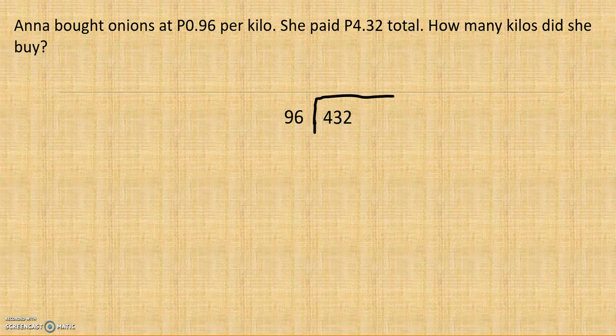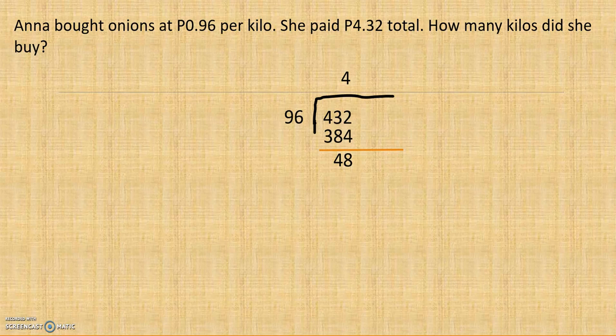Then proceed to division. So 432 divided by 96 is 4. 4 times 96 is 384, and then subtract. So 432 minus 384 is 48.